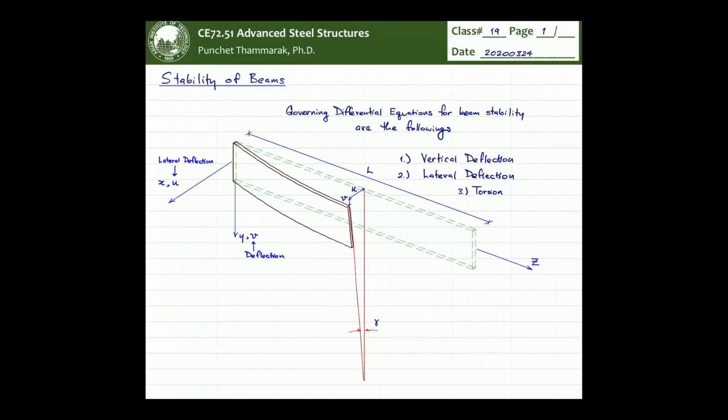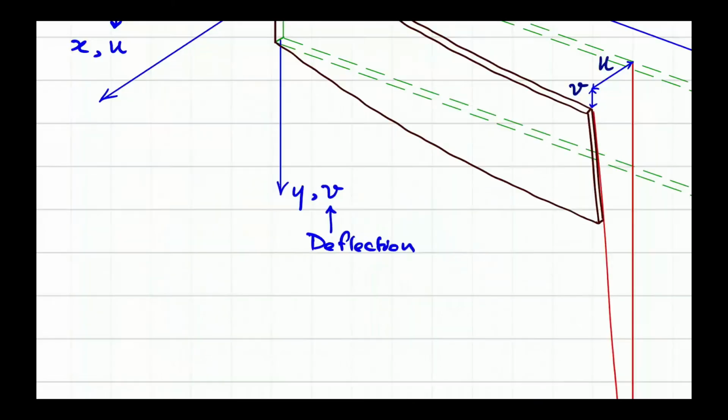So, three governing differential equations will be listed off, and then we're going to combine all these three equations, and we're going to end up with only one equation that exhibits the behavior that comprises the lateral deflection, the vertical deflection, and the torsional deformation. I should make it clear.